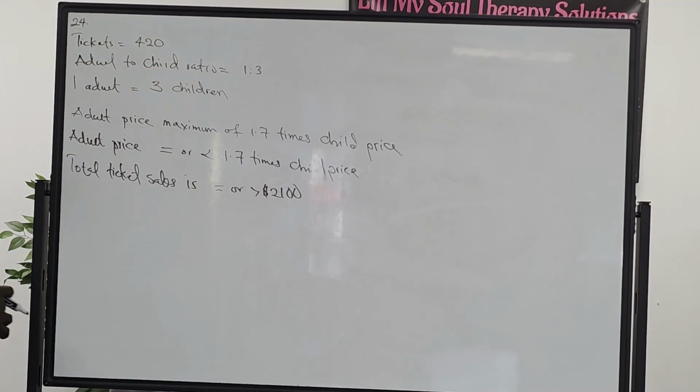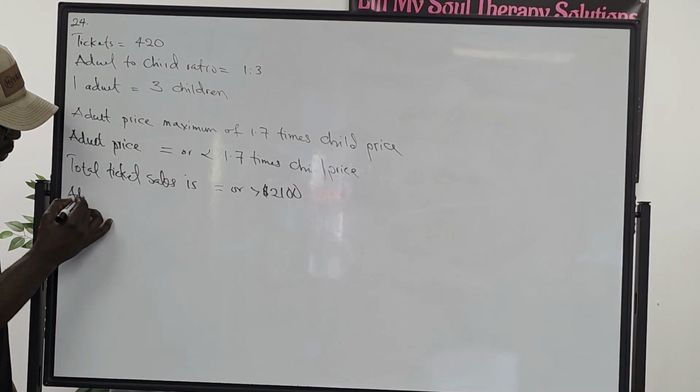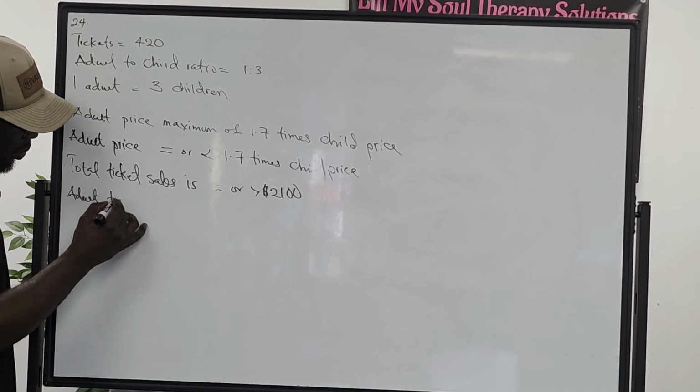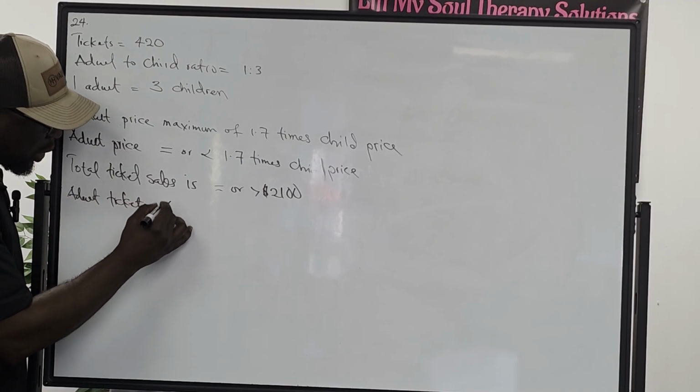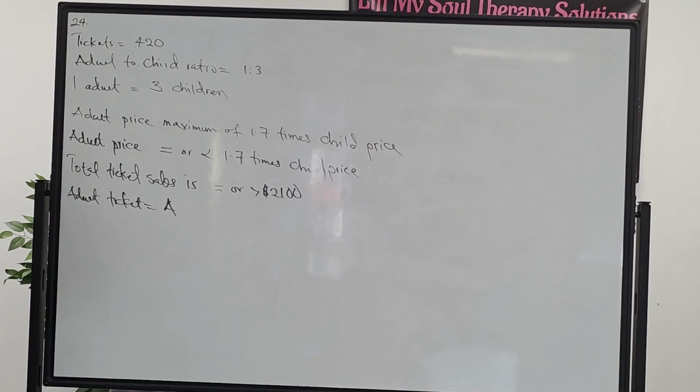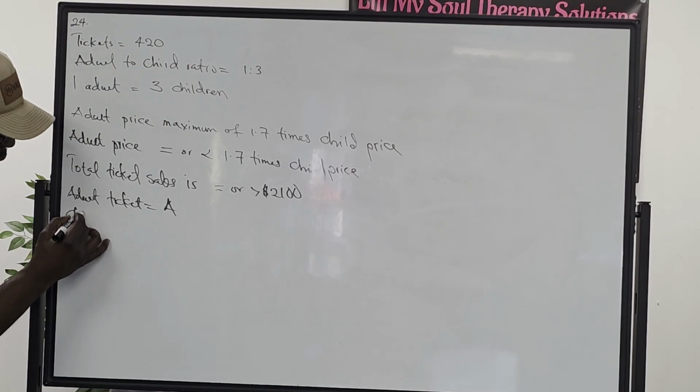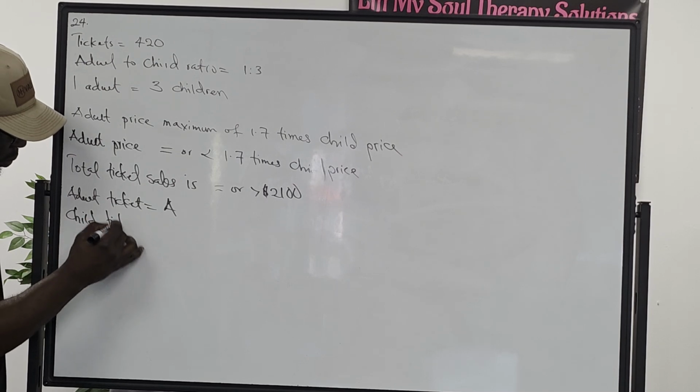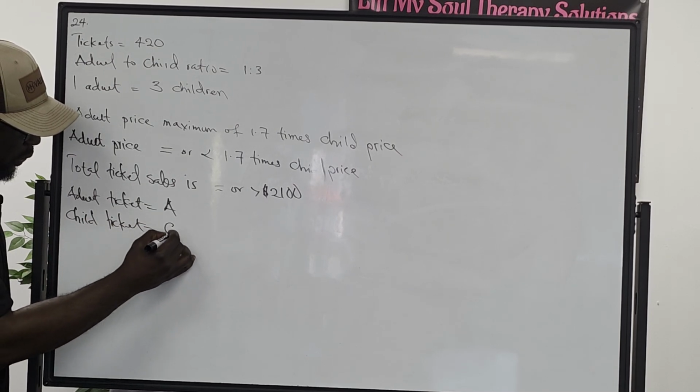That's what it means. So it says let A represent the adult ticket price, so adult ticket price equals A. And let C represent the child ticket price, so child ticket equals C.